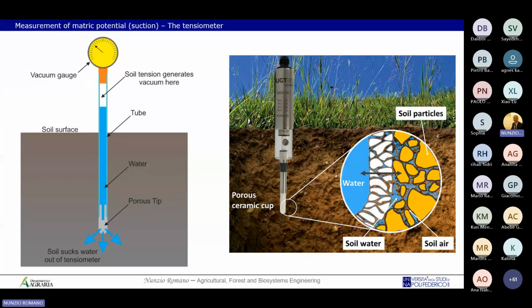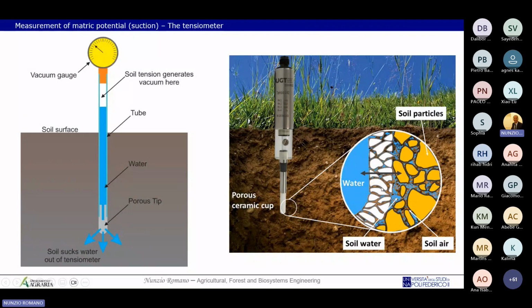Yes. Everything is managed by the porosity of the cup. Actually, we should be more precise. It's not that the air is exchanged. If you see this enlargement, can you see my pointer?